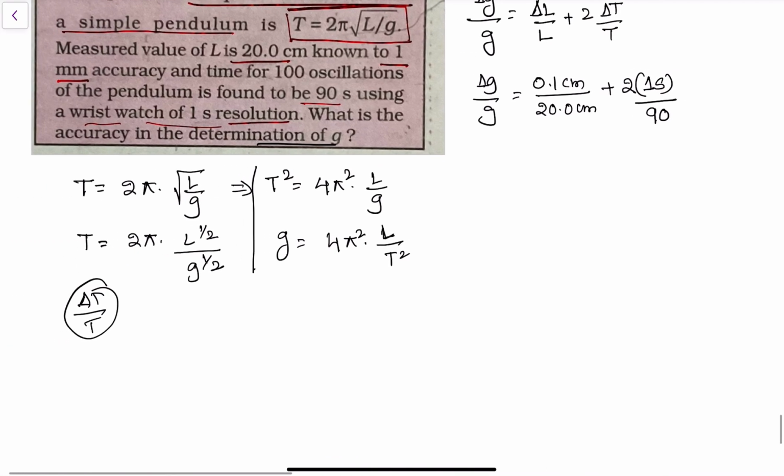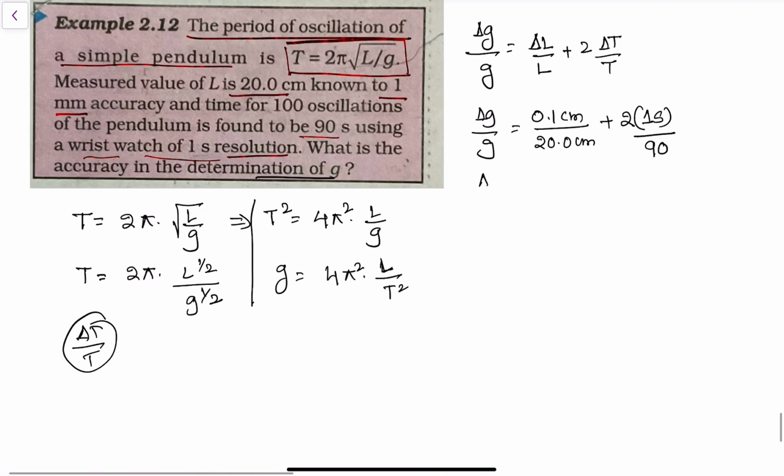If you do all the calculations, you will get delta g by g as 0.027.